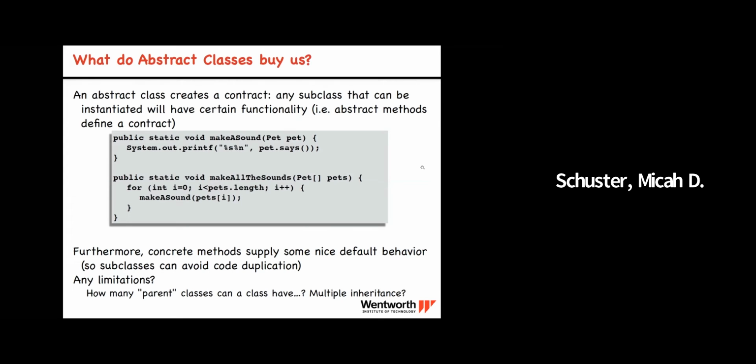It means that the instantiated class that you create, like dog or cat in this example, will have certain functionality. Pet has that functionality, get name, get ID, and we must implement says, because says is abstract in pet. So dog and cat, we know, have those capabilities.